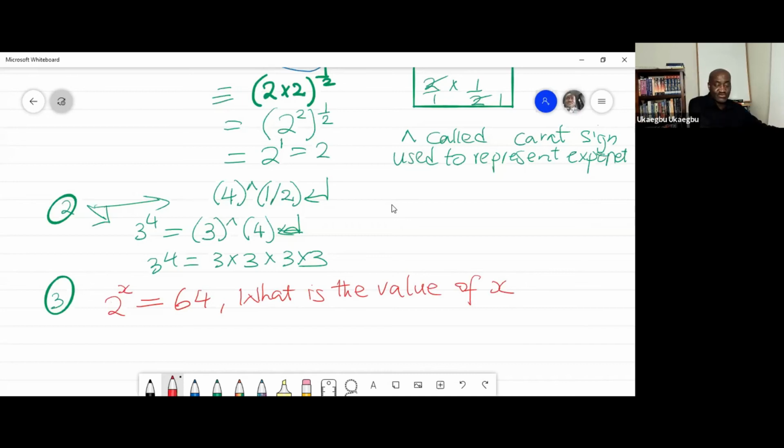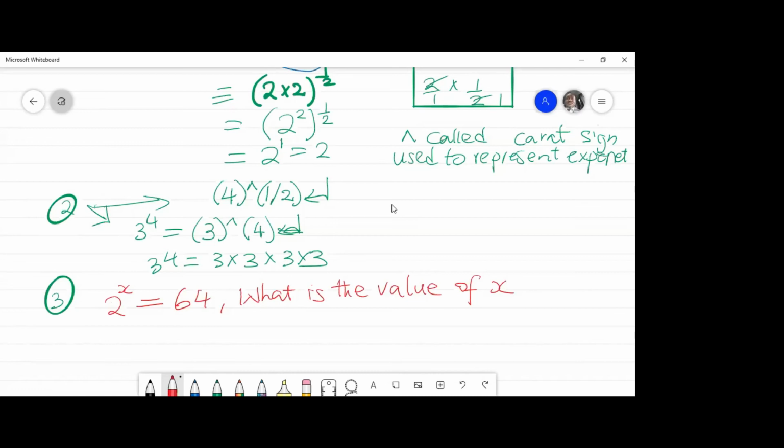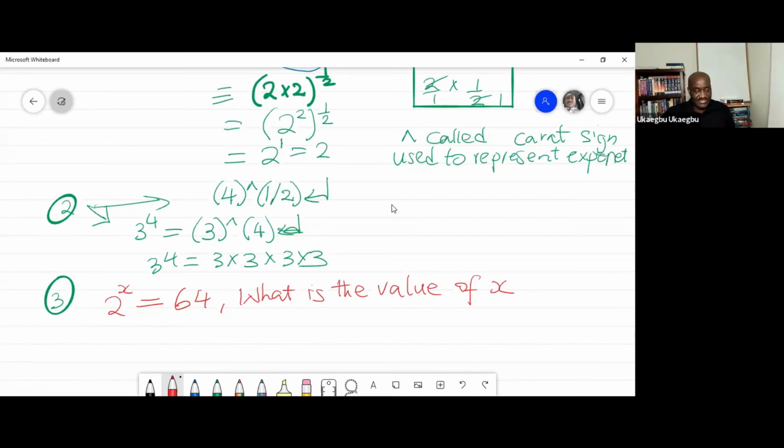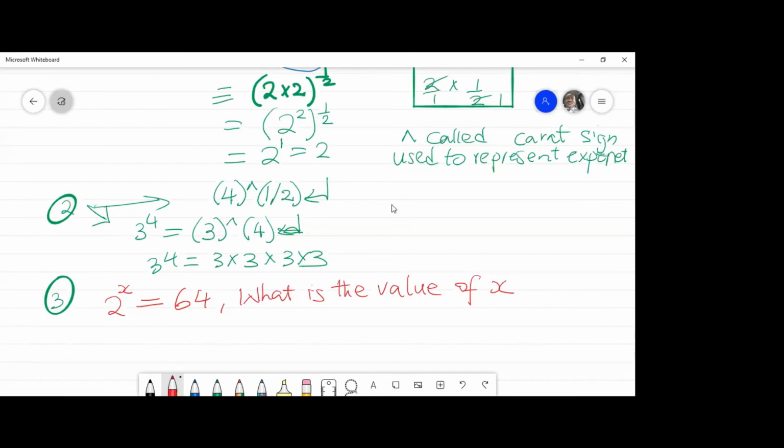I give you 1 minute to do that. Everybody, please. So what do you get as your value of x? You got 6? How did you get 6? Explain to us, please. I put 2 to the power of x equals 2 to the power of 6, because 2 to the power of 6 equals 64.